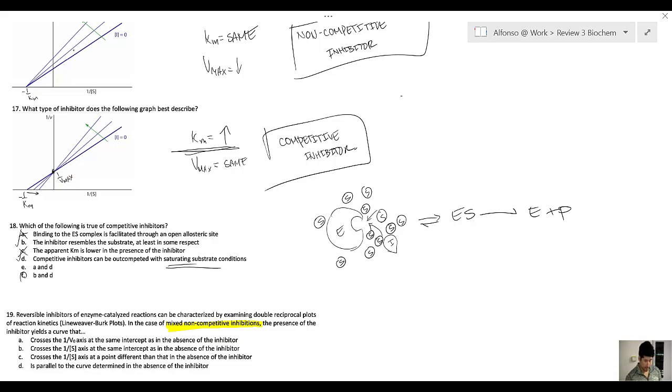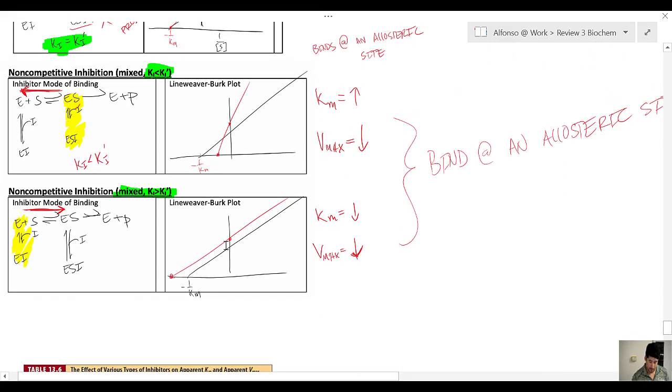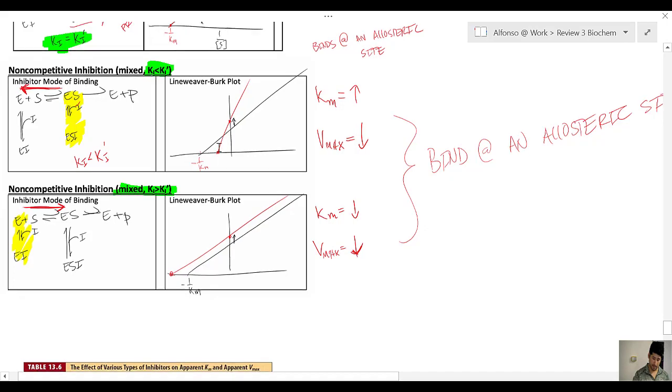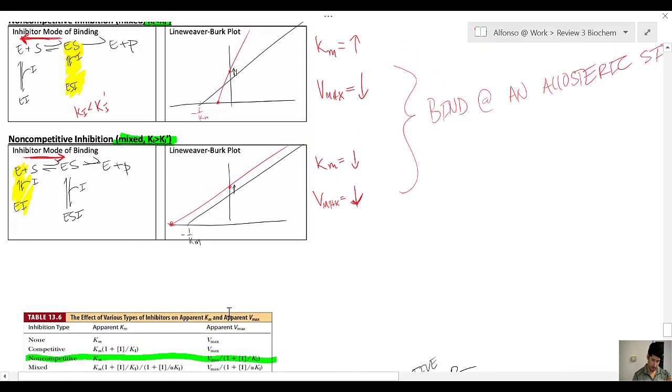That is false. If we look at our mixed inhibitors, they do not cross at the same y-intercept as in the absence of the inhibitor. Here, you can see that it's clearly gone up. So they do not cross at the same point. So A is wrong. What about B? Crosses the 1 over substrate axis at the same intercept as in the absence of the inhibitor. That is false.